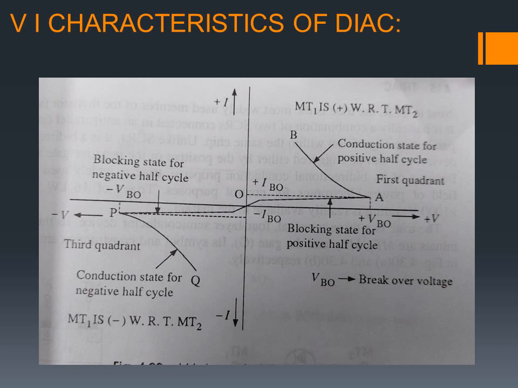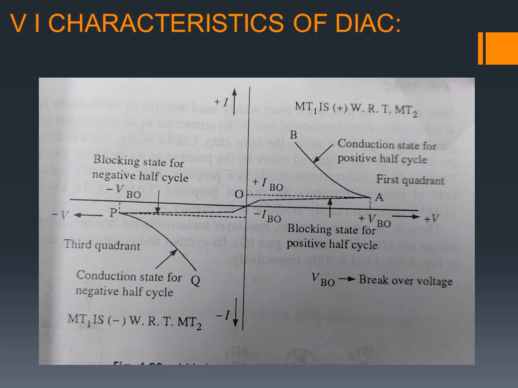This is nothing but the negative resistance characteristics. This portion of the characteristics is shown by portion AB, and this is the conduction state of the diac for positive half cycle. The value of current corresponding to point A is known as the breakover current IBO.